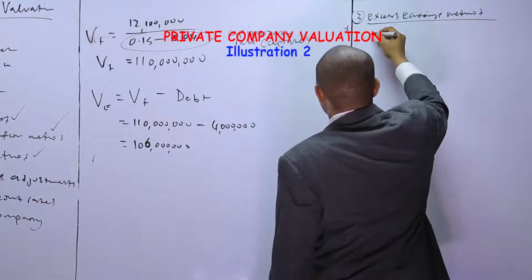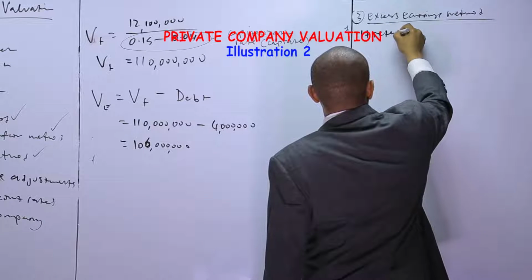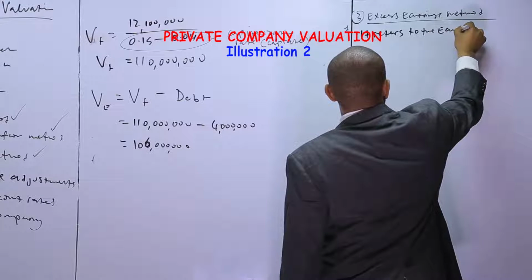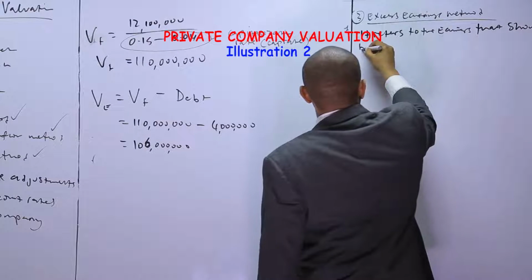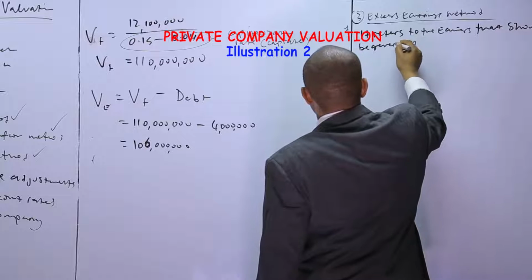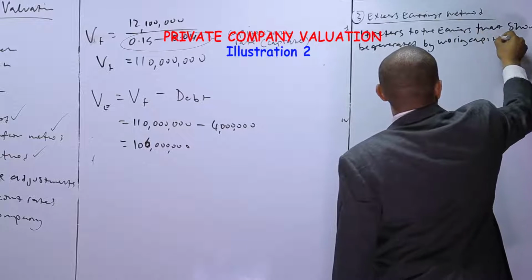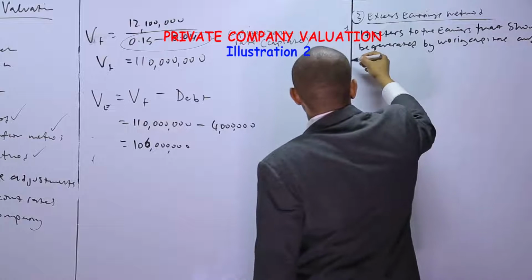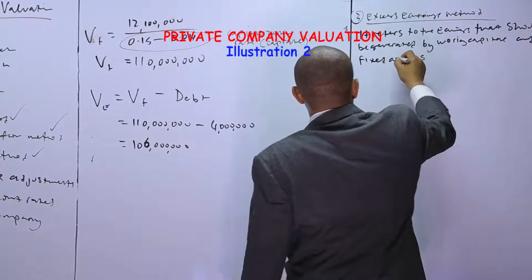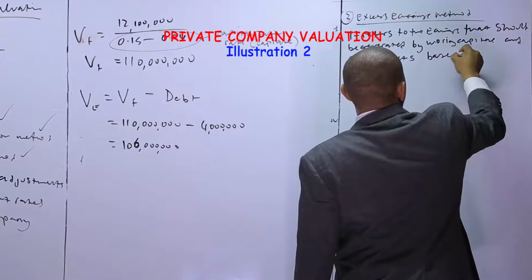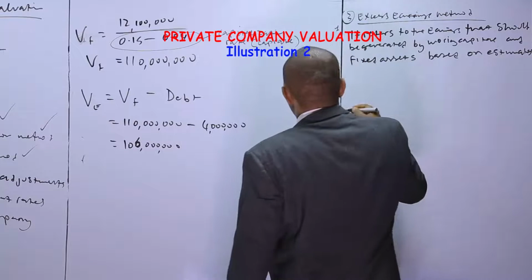We can say earnings refers to the earnings that should be generated by working capital and fixed assets based on estimates of required return.